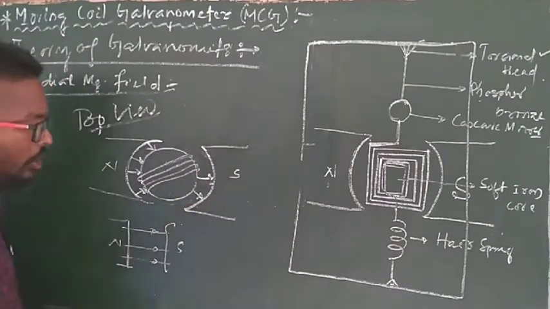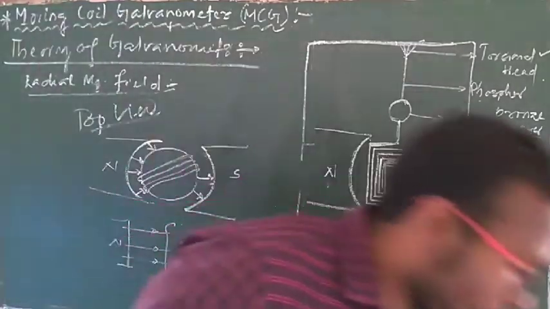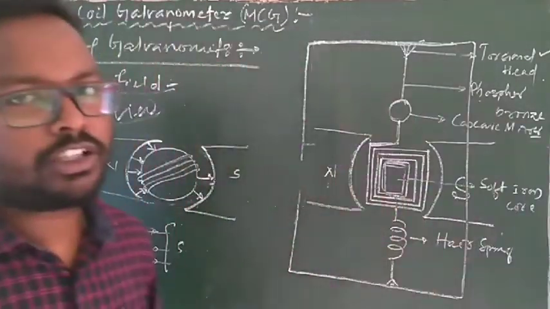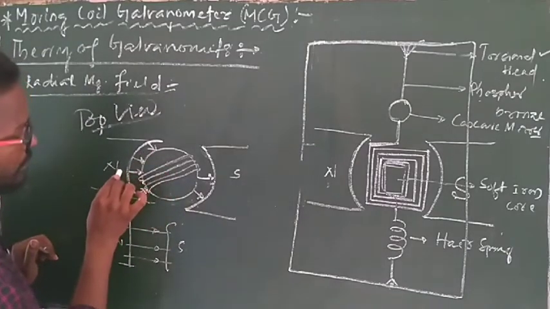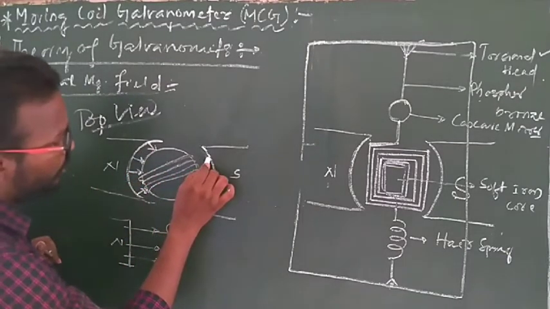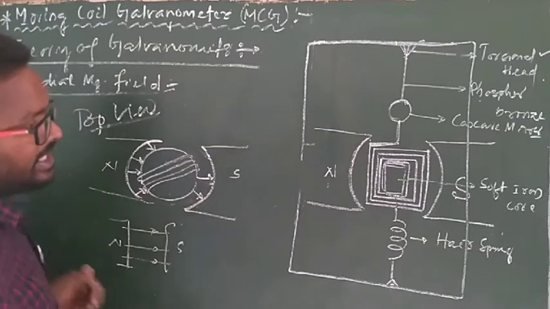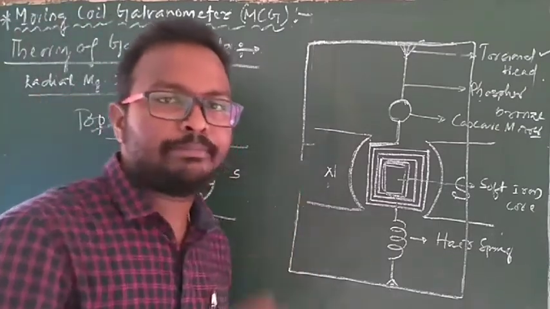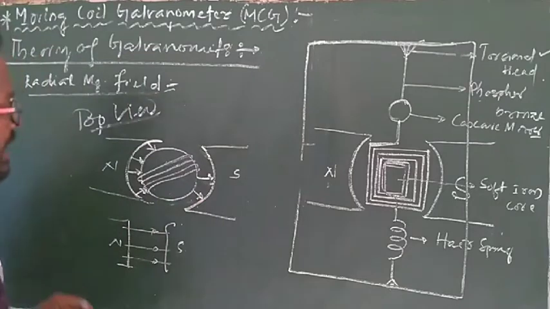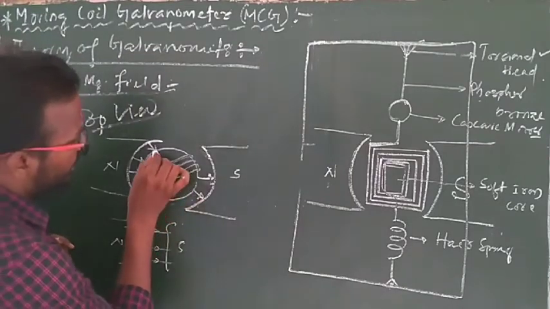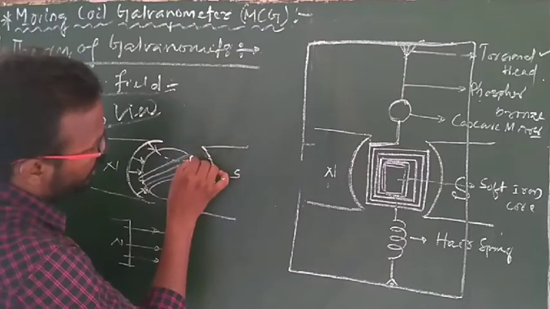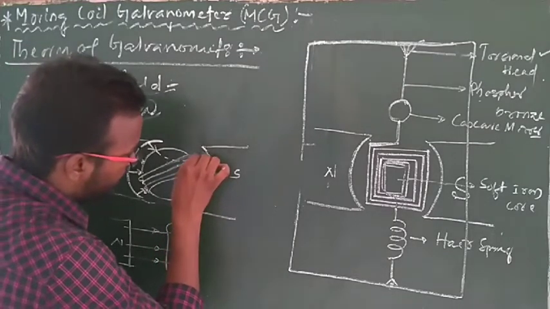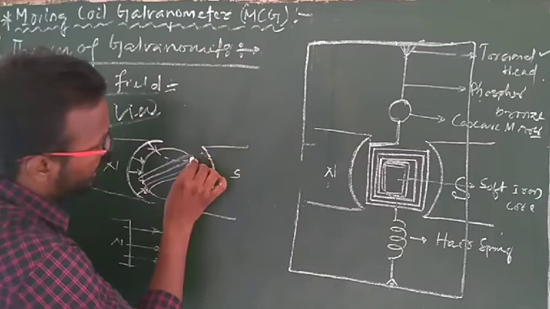Clear? Okay. We know two magnetic lines never cross each other. The line starting from the north pole terminates on the south pole, but the ferromagnetic substance tries to attract and prefers to pass all the magnetic lines.